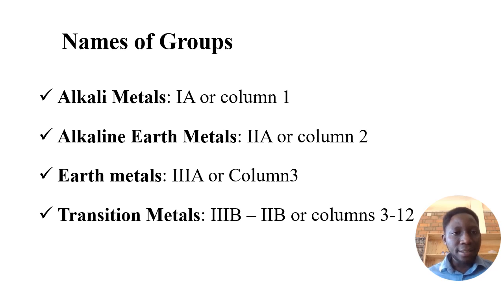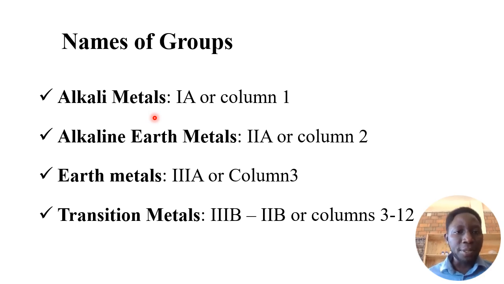Let's have a common understanding about the other names of the groups. We have group 1 in column 1, which is called the alkali metals.